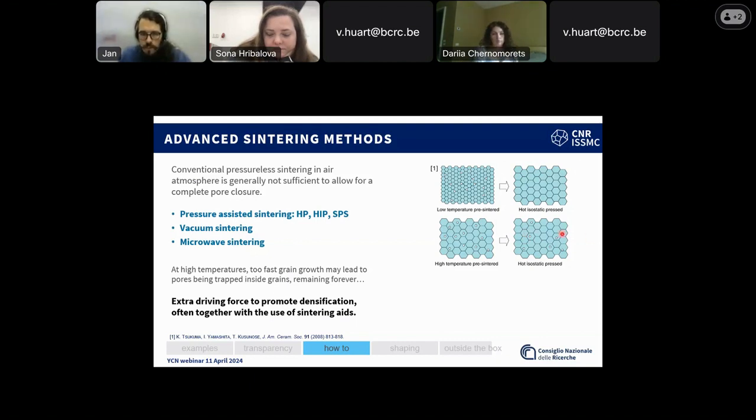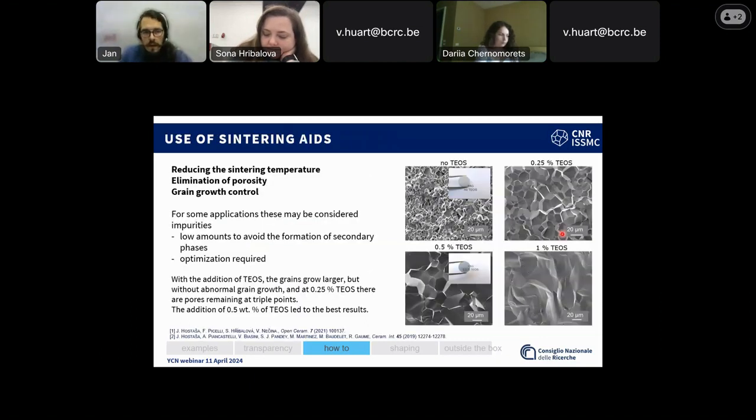And as a result, you get material that's actually pretty transparent with really nice mechanical properties. And what they did was just adding the right sintering aid and then using vacuum sintering and hot isostatic pressing. And from material that in principle is translucent, you get to transparency.